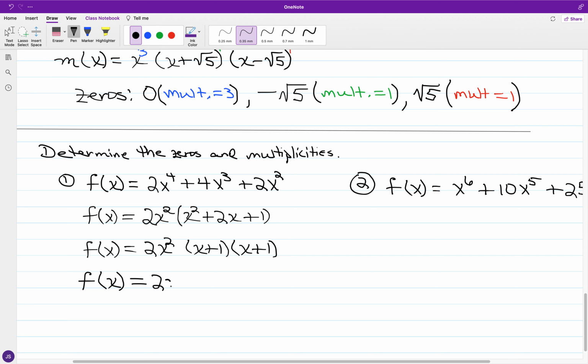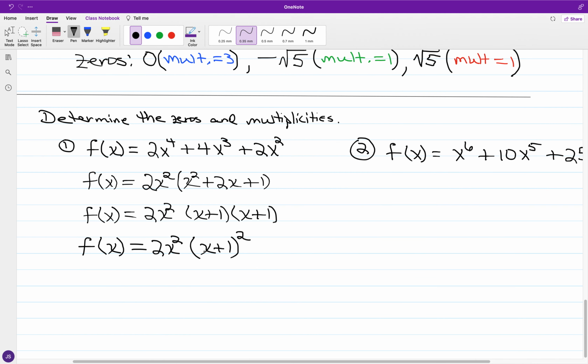So I have 2x squared, and x plus 1 times itself. Anytime you have a repeating factor, you take that factor and raise it to the number of times that it shows up. In this case, we have the second power, so you have 2x squared times the square of x plus 1. So in the case of the zeros, with the variable factors, we have x squared and the square of x plus 1.